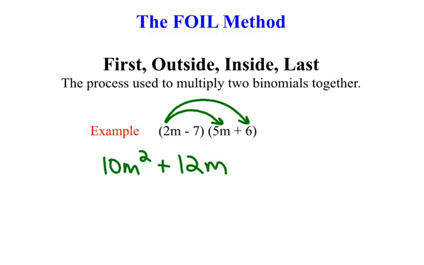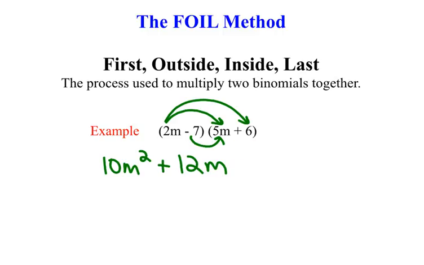Next, we're going to multiply the negative 7 and the 5m. We're now distributing the negative 7. Well, we just talked about outside. These are the inside terms of the two binomials. So that's where the I in FOIL comes from, for inside.